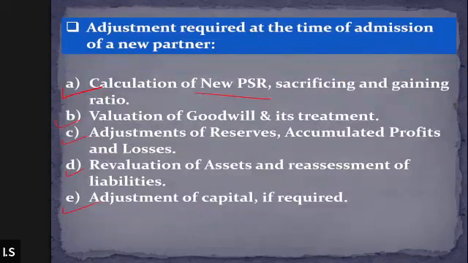In this topic, as per our syllabus, admission of a partner may require 5 adjustments. That includes calculation of NPSR, the new profit sharing ratio, the treatment of goodwill, adjustment of reserves, revaluation, and the adjustment of capital.